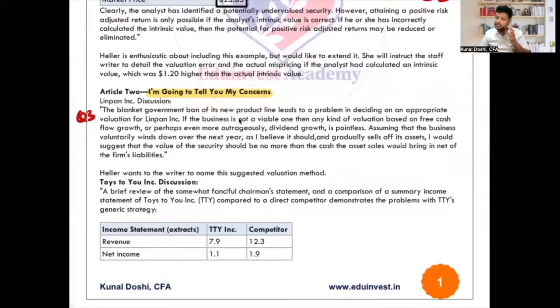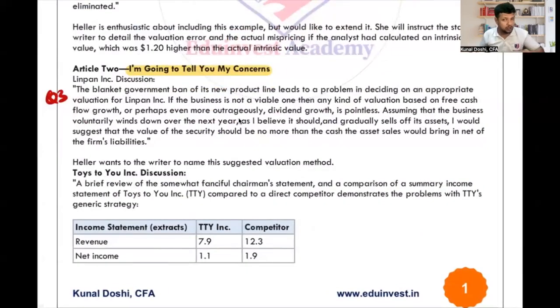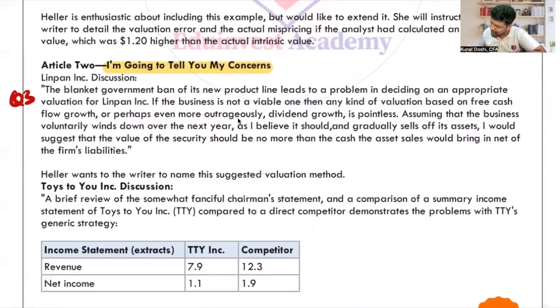So let us see the situation and we will have to identify which is the correct approach. Okay. The blanket government ban of its new product line leads to a problem in deciding an appropriate valuation. There is a government ban because of tariff by Mr. Trump, maybe, right? Any business which is not viable, we use the liquidation approach, correct? Then any kind of valuation based on free cash flow, or perhaps even more outrageously, dividend growth, is pointless.